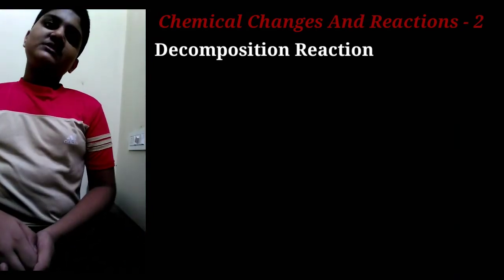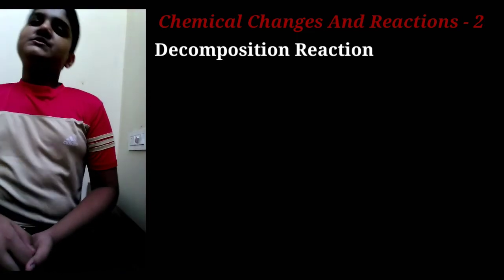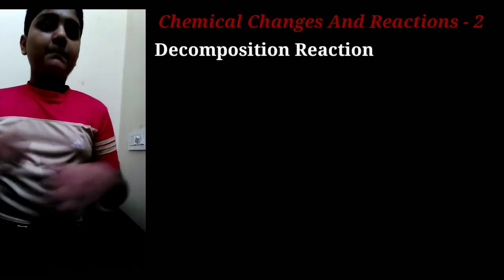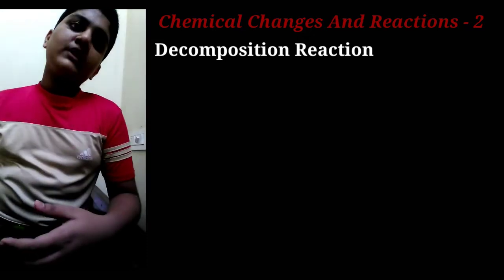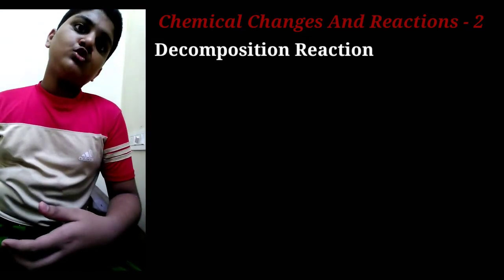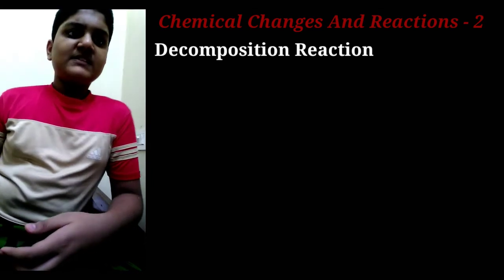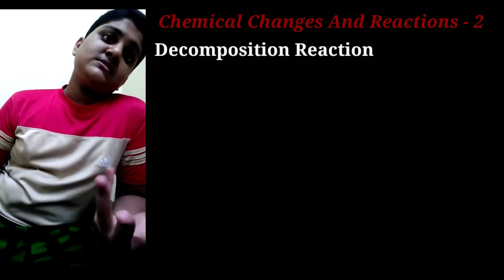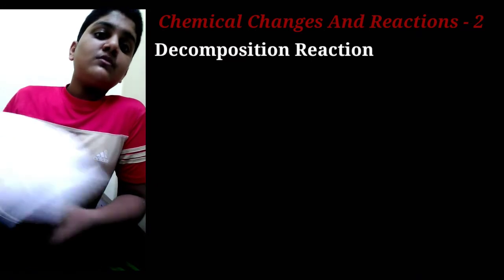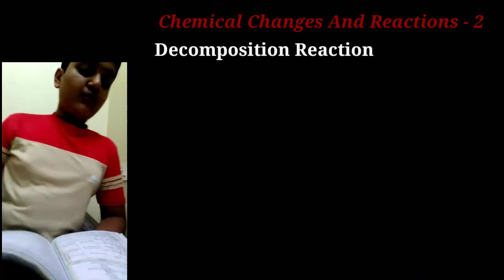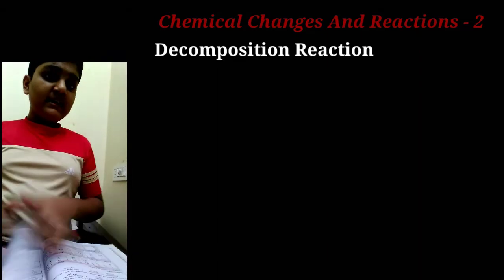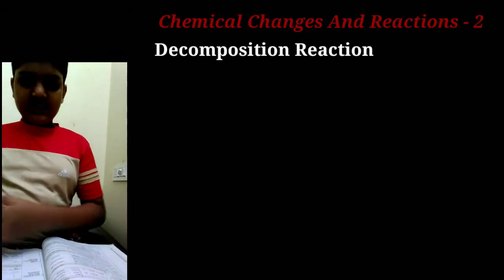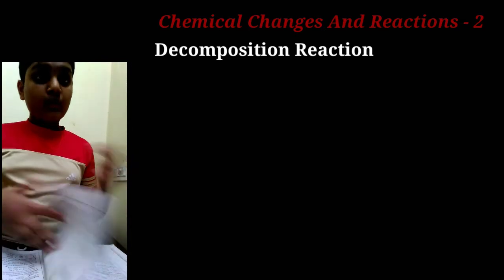Thermal decomposition is a form of decomposition reaction where we supply heat. Heat is required. What about photochemical decomposition? Photo means light, especially in cases of photosynthesis. So thermal decomposition means you are supplying heat, brought about by heat.